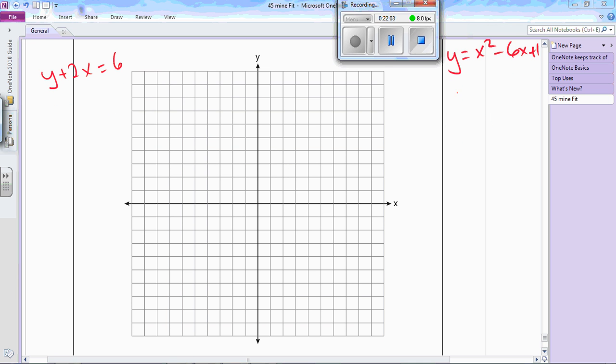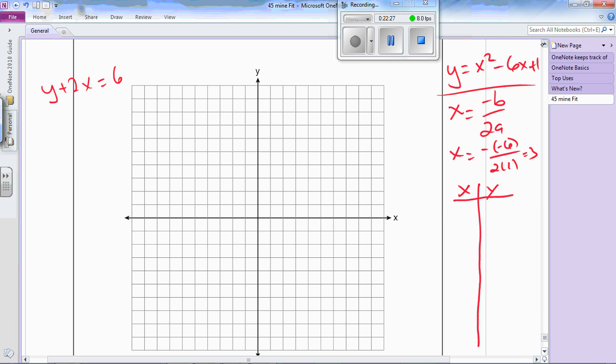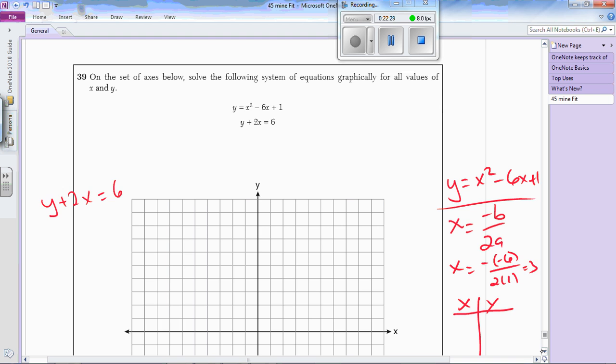So the first thing I do with a parabola is find the axis of symmetry. x equals negative b over 2a. x equals negative 6 over 2 times 1, which is 3. So that will be on my table of values, x and y. I'll type that into my graphing calculator, and it will tell me what my table of values is going to look like.